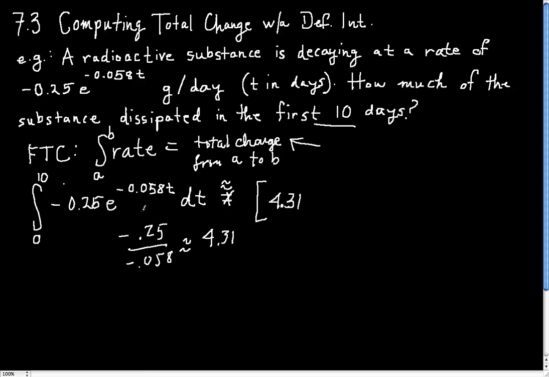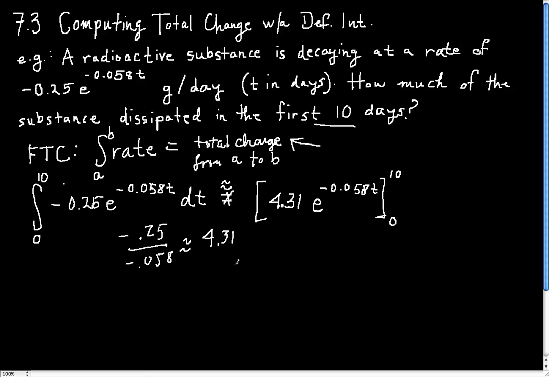Okay, and then we just repeat the e to the kt part, so I have e to the minus 0.058 times t. And then I recall what my limits are. My lower limit is 0, and my upper limit is 10.